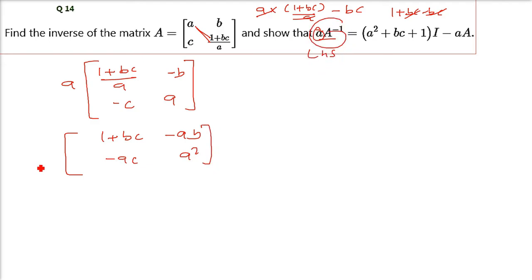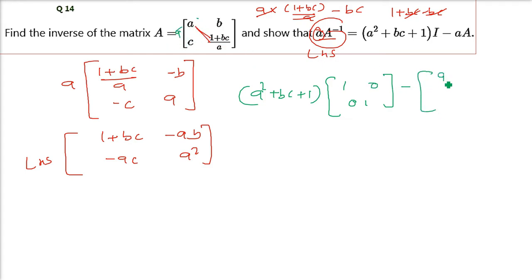Now coming to the right hand side, RHS will be A squared plus BC plus 1 multiplied by the identity matrix, [[1,0],[0,1]], minus A into capital A. So multiply it with A and then write it here. A into A is A squared, A into B is AB, A into C is AC, A into 1 plus BC by A, the A gets cancelled.